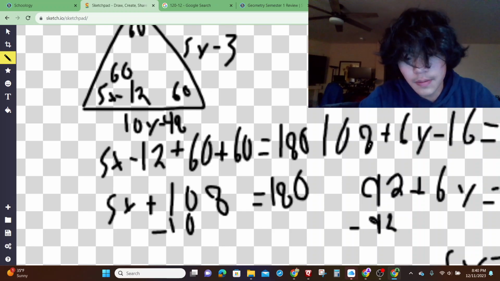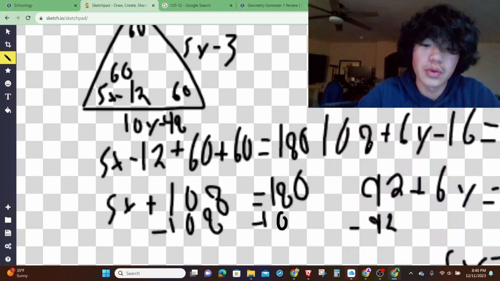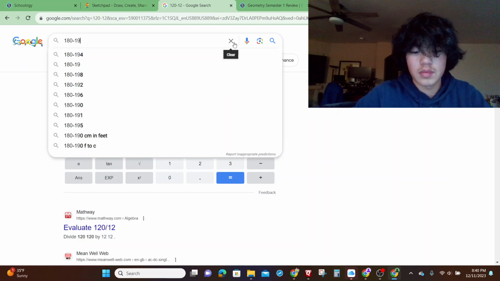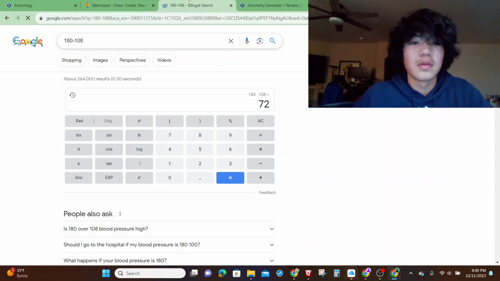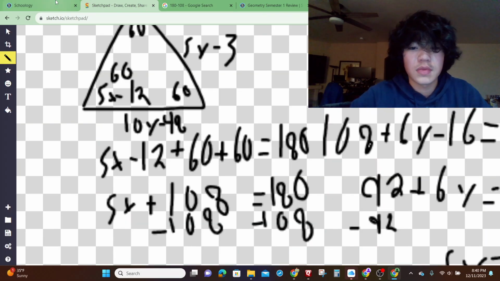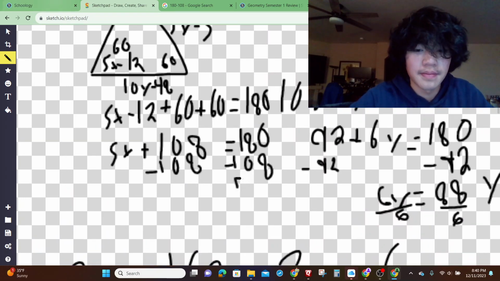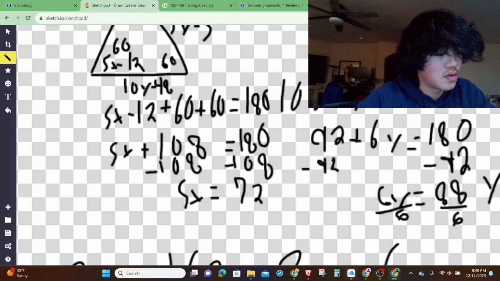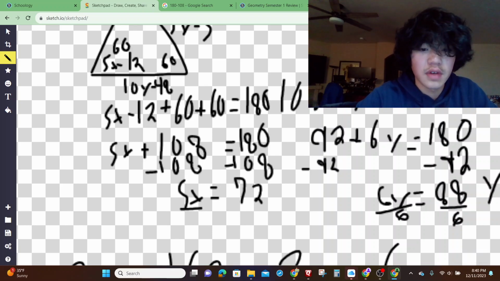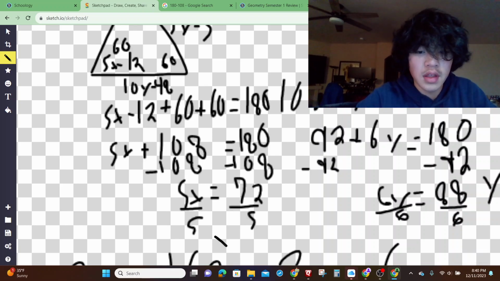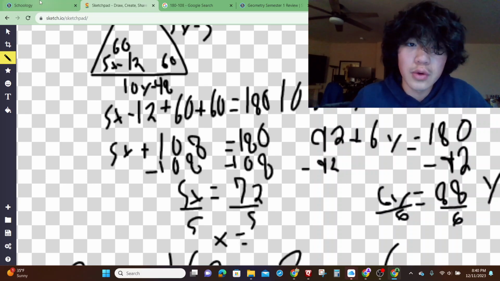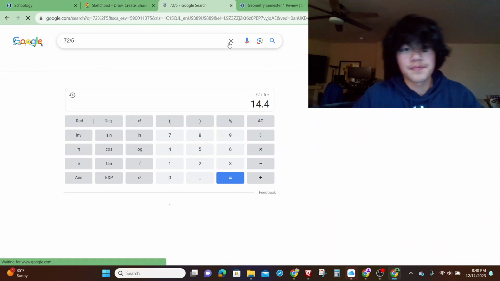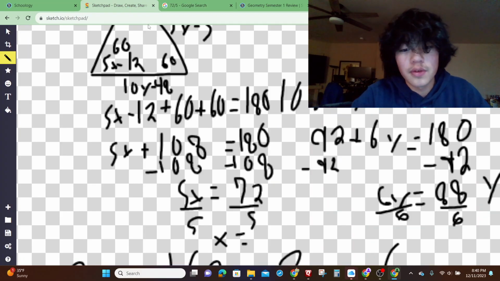Subtract 108 here, and then subtract 108 here. 72. 5x equals 72. Divide by 5. X equals 14.4, I believe. I always use the calculator. 14.4.